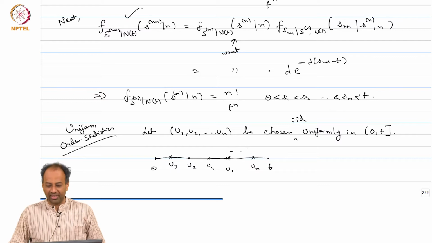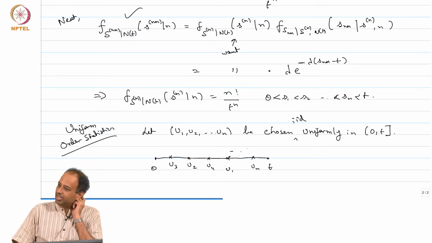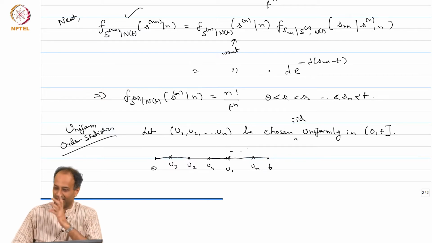You know the joint density of these u1 through un is easy to calculate. So, what is the density of any of these ui's? 1 over t, correct. So, what is the joint density of these u1 through un? Yeah, the product, right, they are independent. So, the joint density should be 1 over t to the power n, correct, that is clear, is it not.